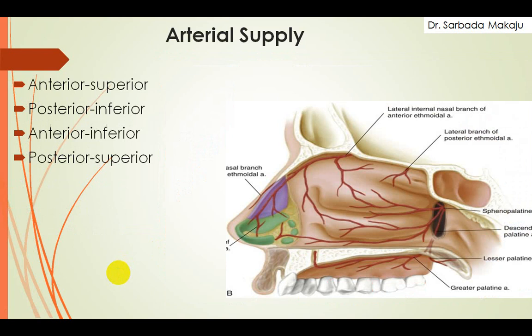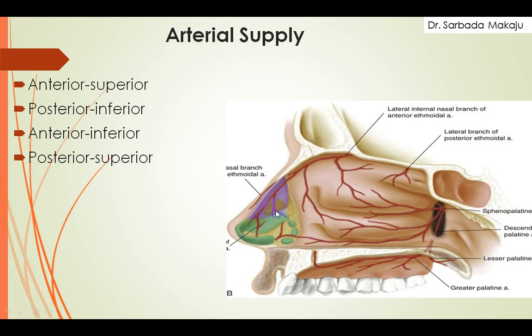Now the arterial supply. It is divided into four quadrants. The anterior superior part is supplied by the internal nasal branch, which is a branch of the anterior ethmoidal artery. Then the posterior superior part is supplied by the lateral branch of the posterior ethmoidal artery.